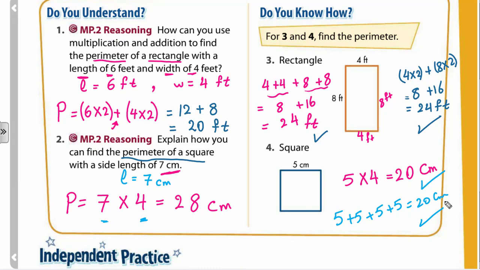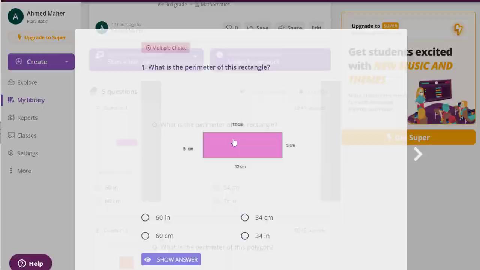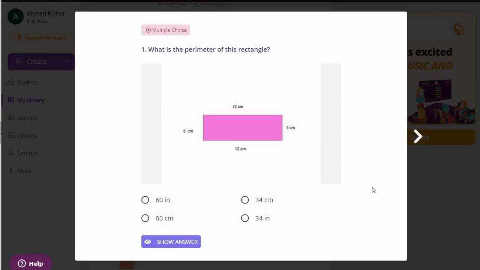You're welcome. Okay, now my heroes, I will send you the link of the game. Now let's start solving. Please everyone focus on my screen. And the first question, Ibrahim. What is your answer for this question? 12 plus 12 equals 24.